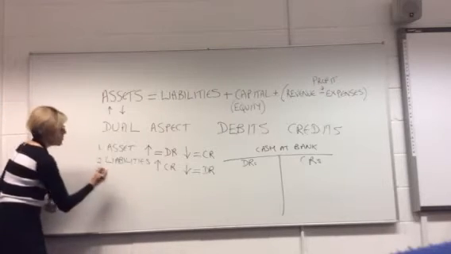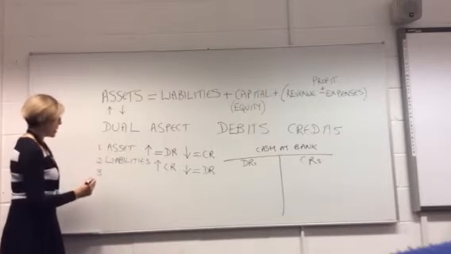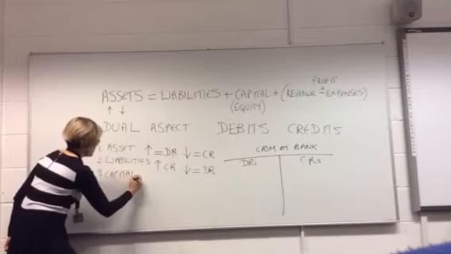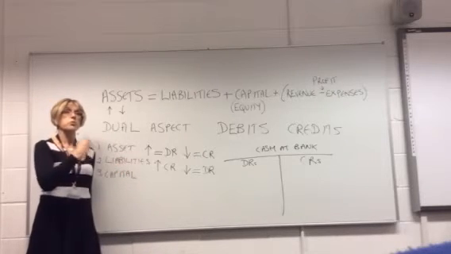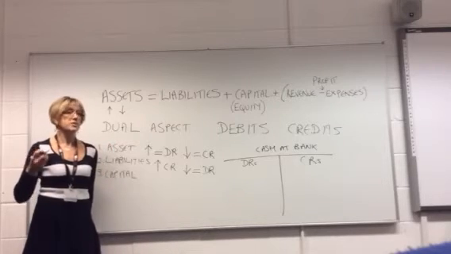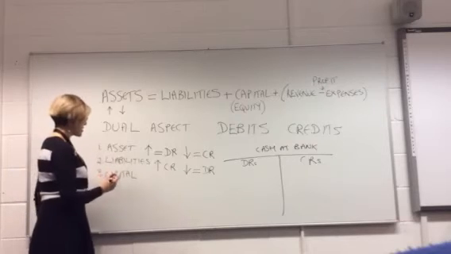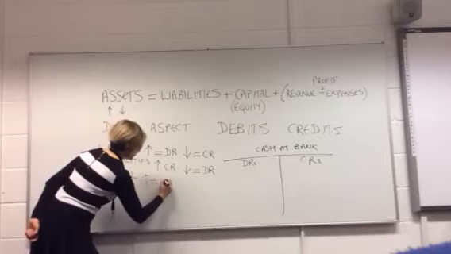Capital. Remember that capital is what the business owes to the owners. Now, capital works in the same way as liabilities do, because capital represents what the business owes to the owners. Liabilities represent what the business owes to everybody else. So again, if we have an increase in capital, we've got a credit.